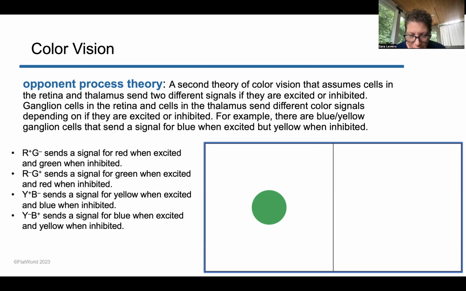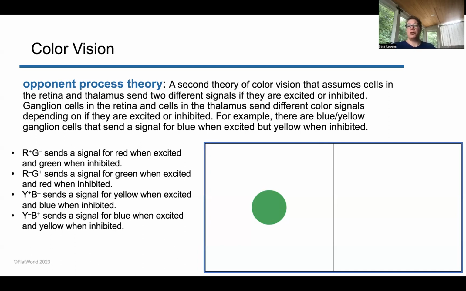Once you've looked at it for quite a long time and you're sick of it, shift your gaze over to the right, and you will see this sort of afterglow of a sort of pinkish hue. I saw it and I did it again. And that afterglow is something that the trichromatic theory cannot account for.